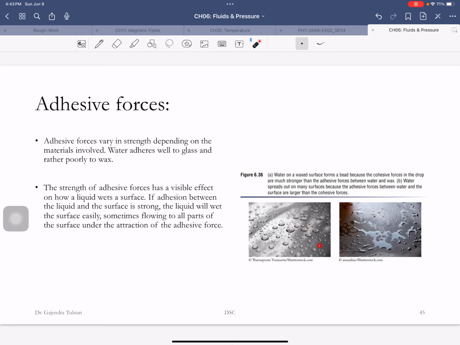Okay. So there's the difference. Water adheres well to glass and rather poorly to wax. So the strength of adhesive forces has a visible effect on how a liquid wets a surface. If the adhesion between the liquid and the surface is strong, the liquid will wet the surface easily.